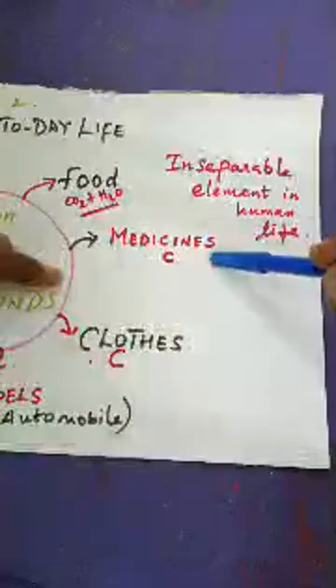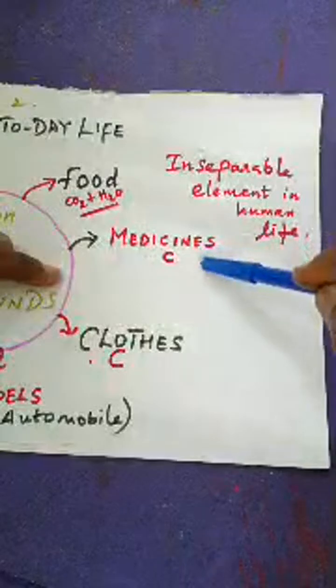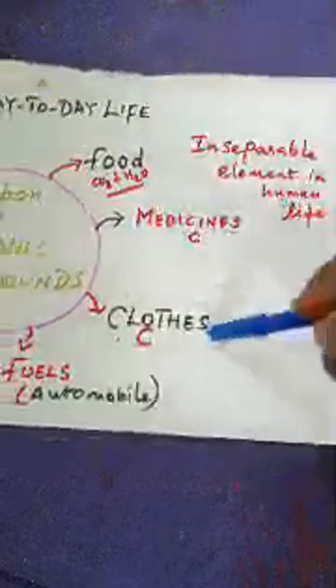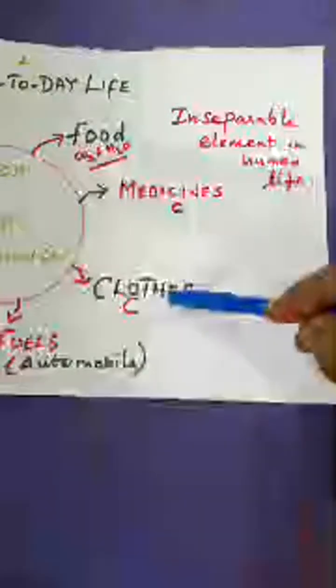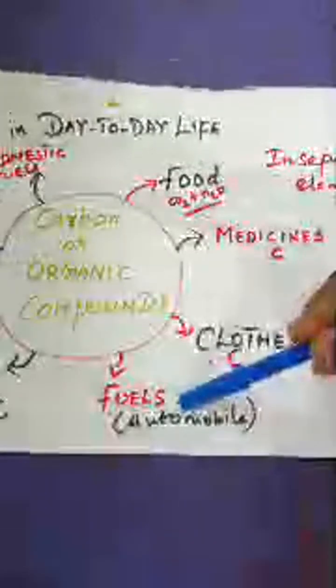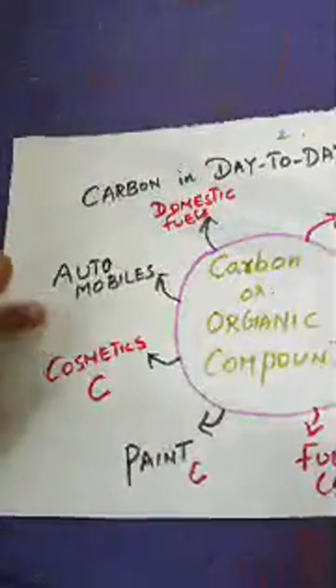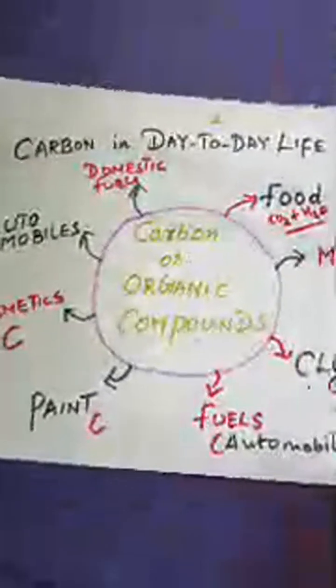Not only that, we need medicine for our wellness. These medicines are also carbon-rich compounds, and so are the clothes we use, the fuels, paint, cosmetics, automobiles and automobile fuels, and domestic fuels. Everything we use in our daily life is mainly made of organic compounds.